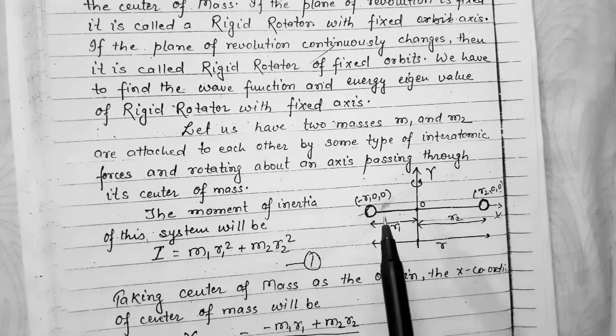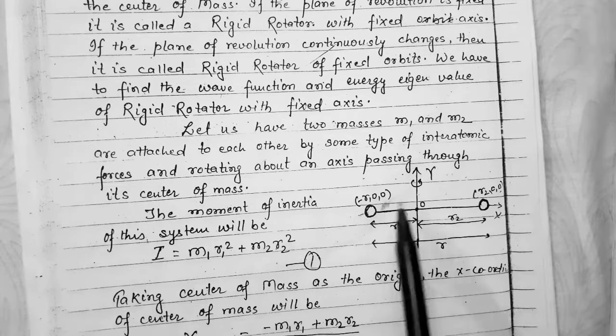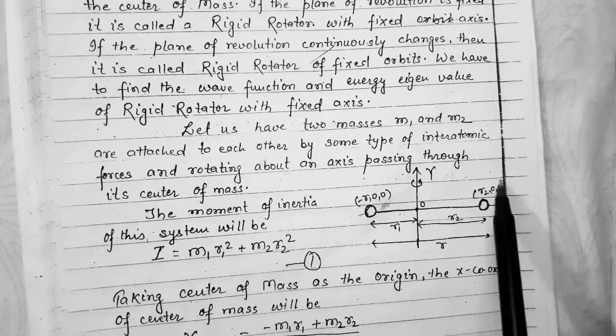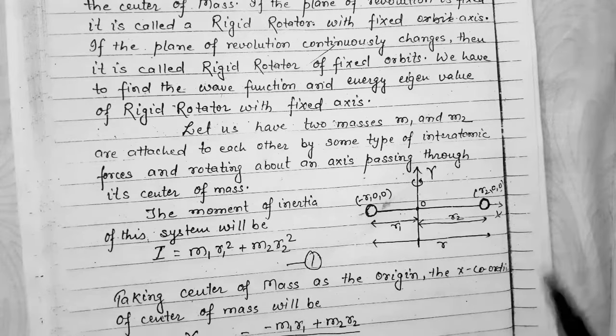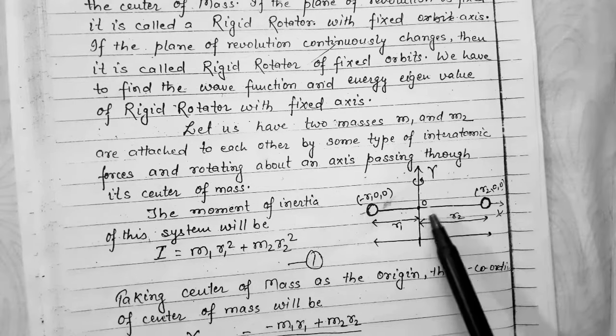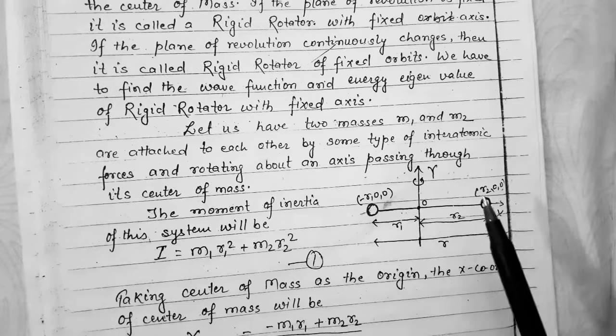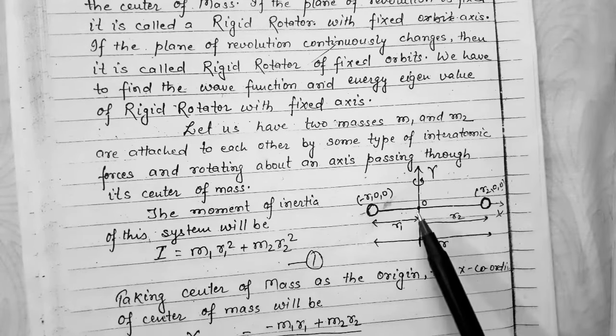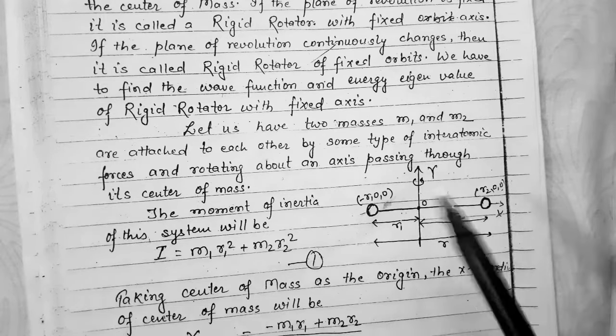The first body has a mass m1 and a position coordinate, and the second body has a mass m2 and a position coordinate. The center of mass is assumed to be 0 in this reference frame of bodies with masses m1 and m2.